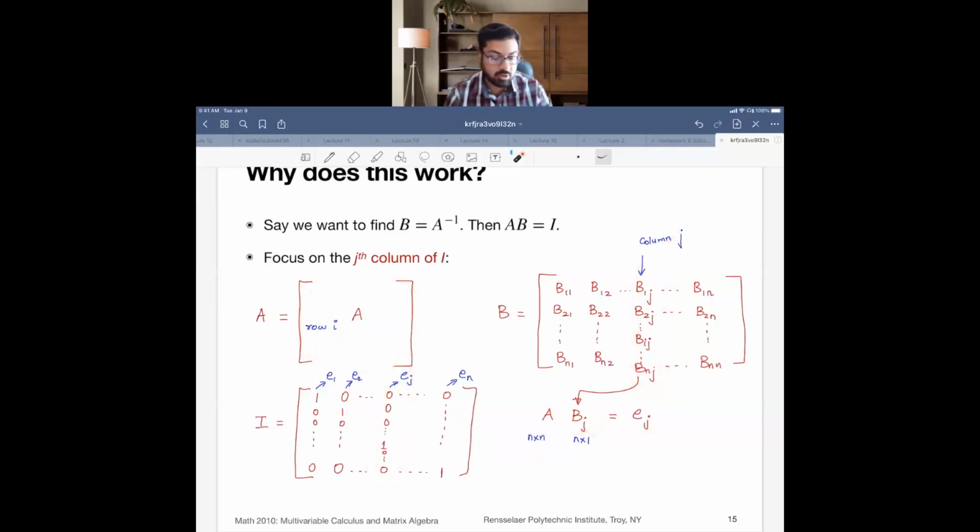A times Bj, the entire coefficient matrix multiplied by the jth column in B will give you the unit vector with 1 being in the jth column. So first entry, second entry, the jth entry will be a 1 here. All the others will go to a 0. So that's what I mean by focus on the jth column. You're focusing on the jth column of the identity here. And that is being obtained by taking the square matrix A and multiplying it with the column Bj.